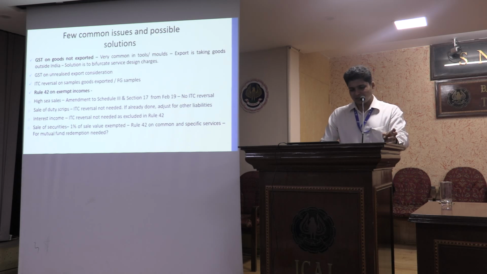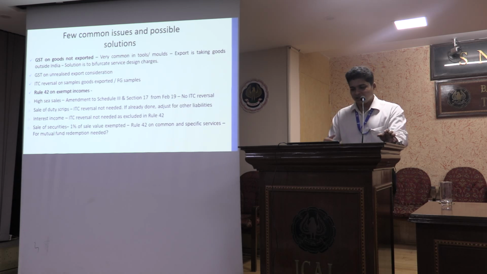Rule 42, exempt supplies: like I mentioned, high sea sales is amended now in Schedule 3. There are a few amendments in Schedule 3, where this says that from February 2019 onwards, ITC reversal can be excluded.